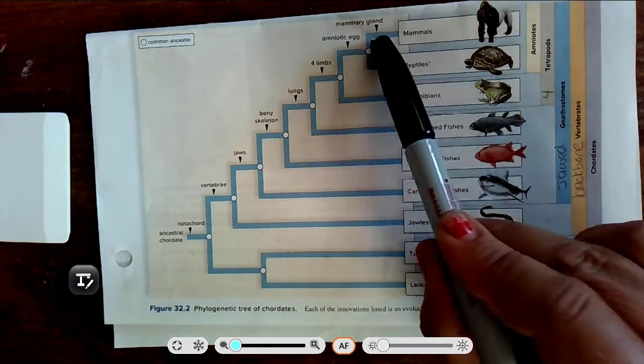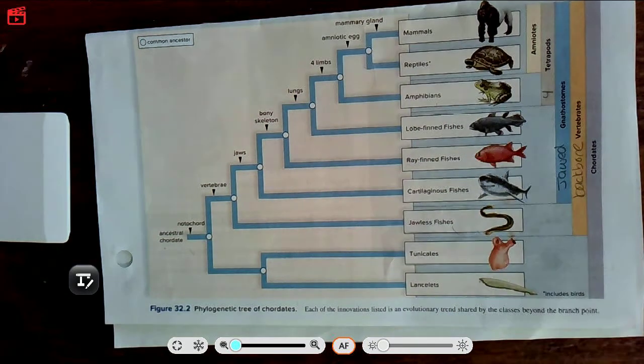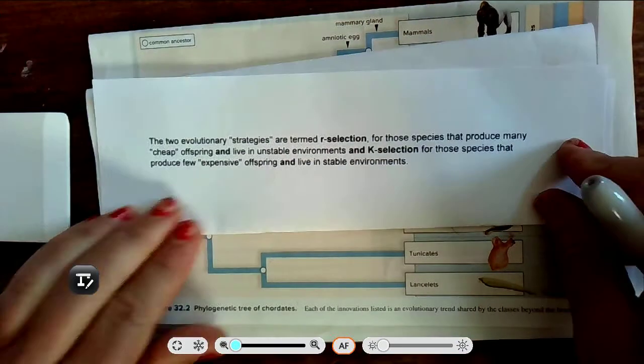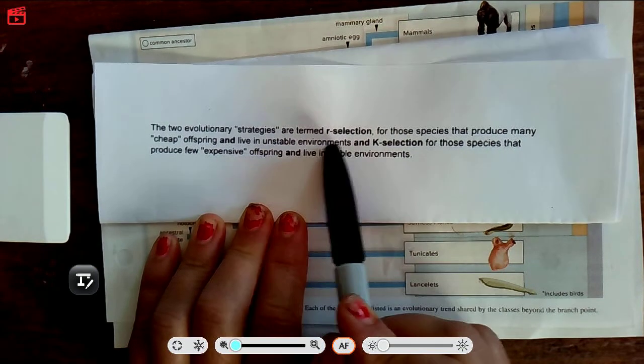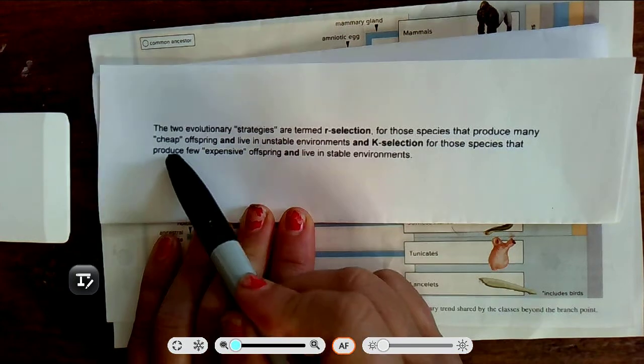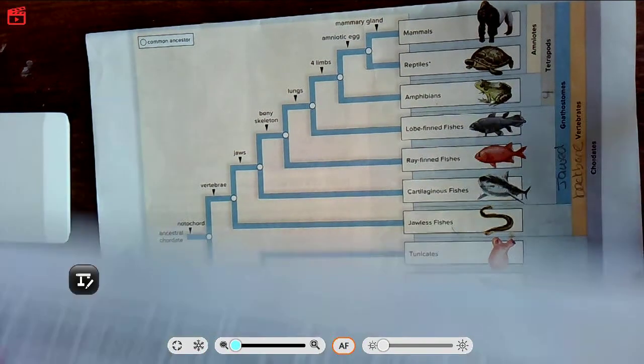Our last adaptation is a mammary gland, and that's for mammals. And this allows a different reproductive strategy. A little topic you might want to keep in mind for your ecology paper: there are 2 evolutionary strategies. There's r selection, those species that produce many cheap offspring. It's everything down here, lots of eggs, many, many offspring.